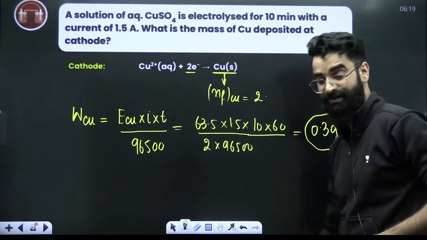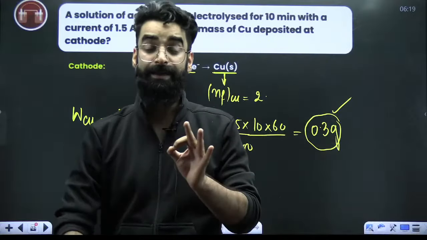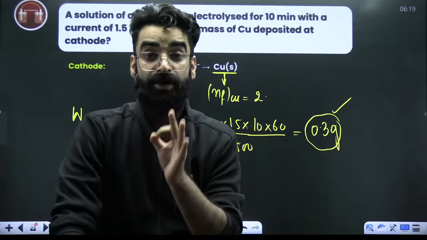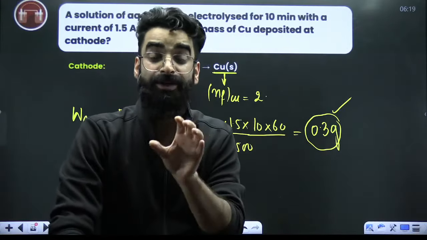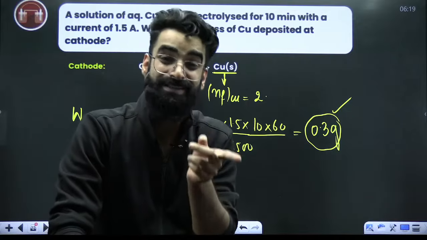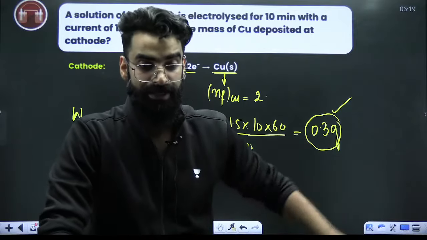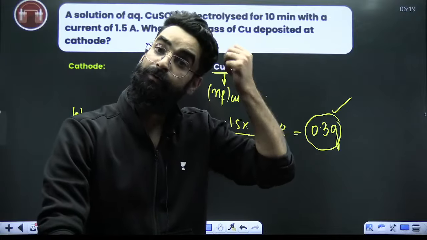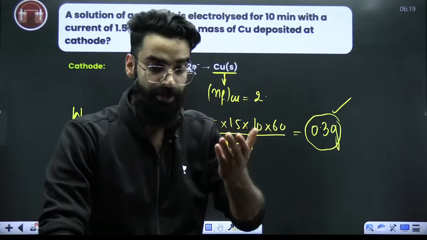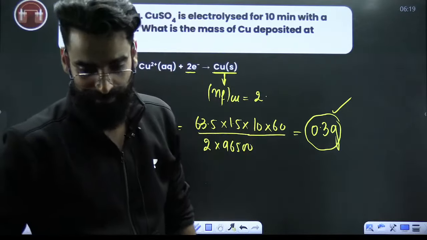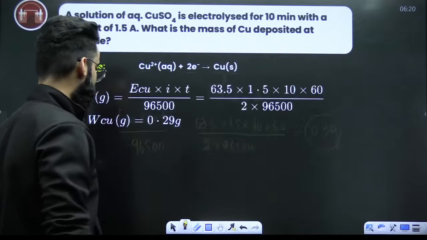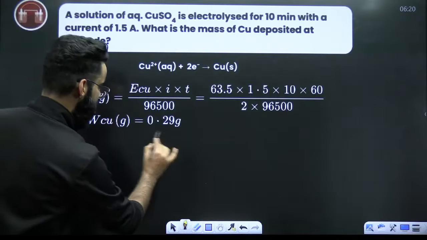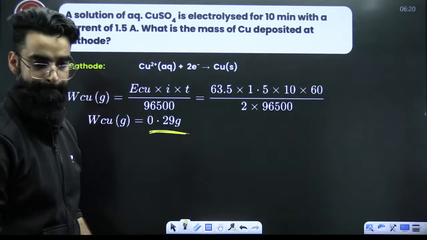So when we do the electrolysis of aqueous CuSO4 and a current of 1.5 amperes is passed into the solution for 10 minutes, 0.3 grams of copper would have got deposited at the cathode, which is what I was supposed to calculate. I believe it's clear. Let me know in the chat if it is clear. So 0.29 grams is the answer.